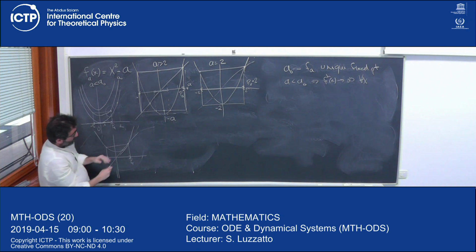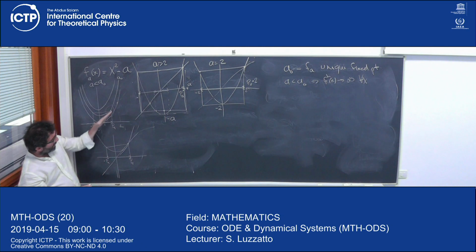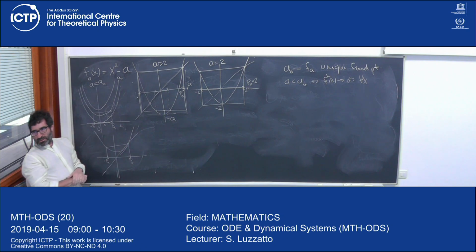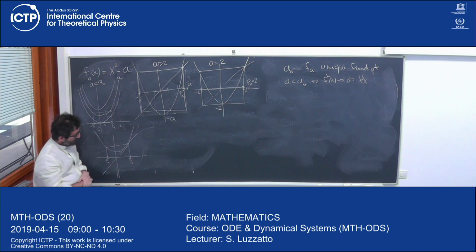So this point, when the derivative is 1, will come below the diagonal, and you will be left with two intersections with the diagonal, which therefore clearly one of the derivatives will be less than 1, and one of the derivatives will be bigger than 1. Okay? And which means, as you know, if the derivative is less than 1, the points are attracting.